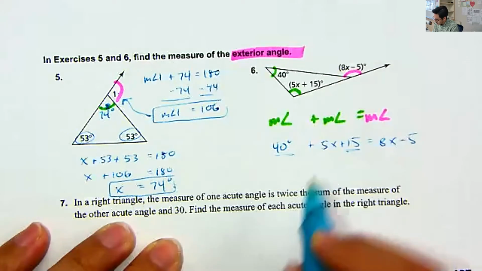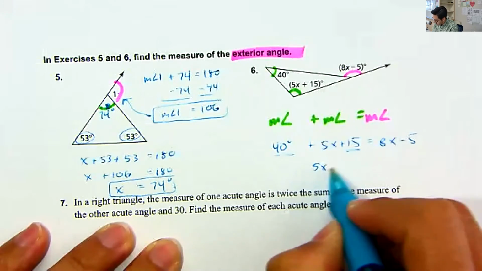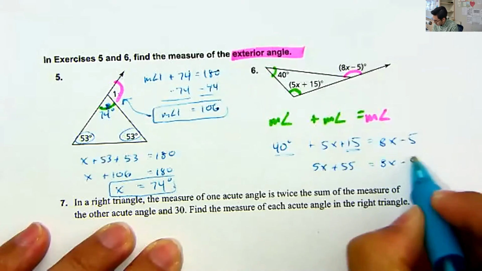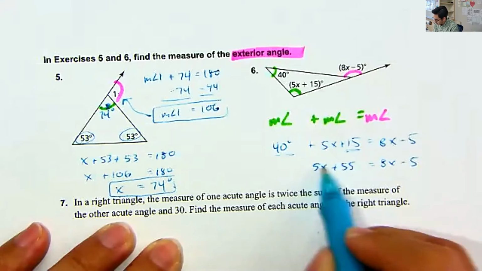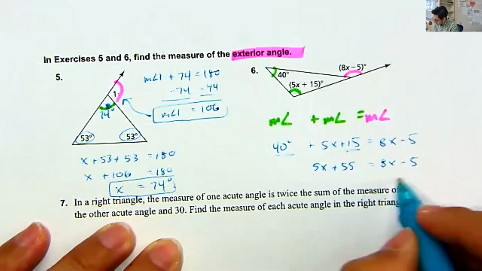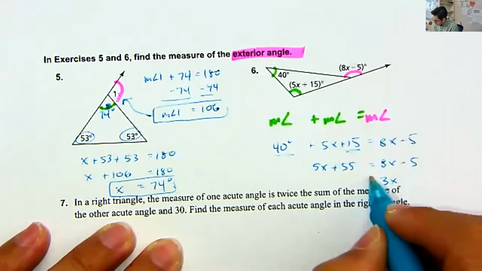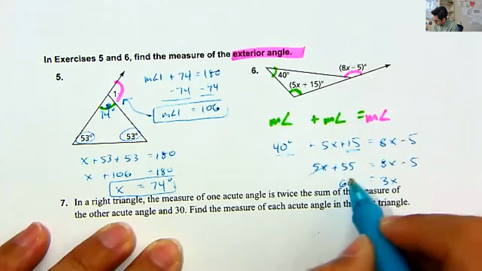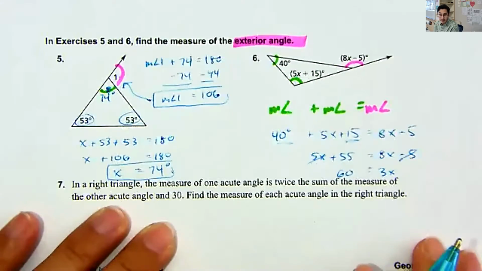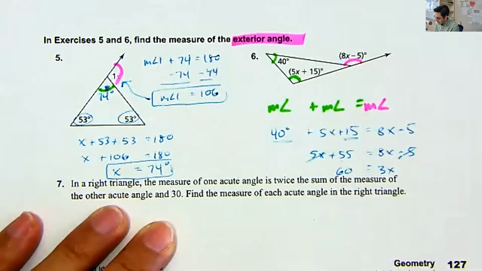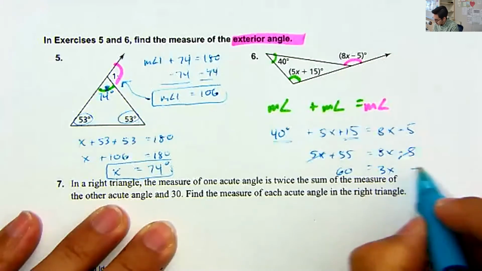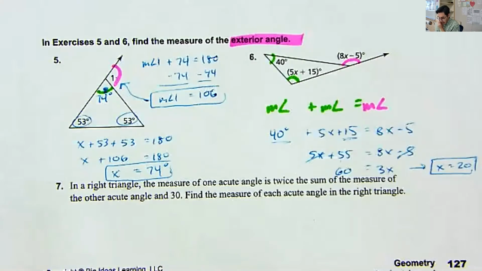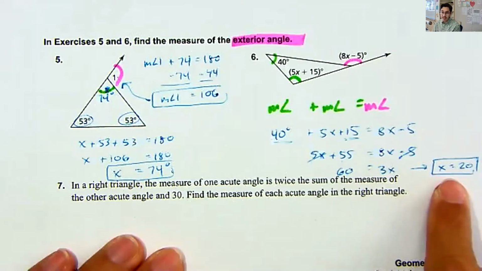I can combine like terms, so that's going to be 5x plus 55 equals 8x minus 5. Subtract 5x from both sides, and then I'll have 3x over there. Add 5 to both sides, and then I'll have 60 over there. Now it's just a matter of dividing by 3, and so we get x equals 20, which isn't the answer.